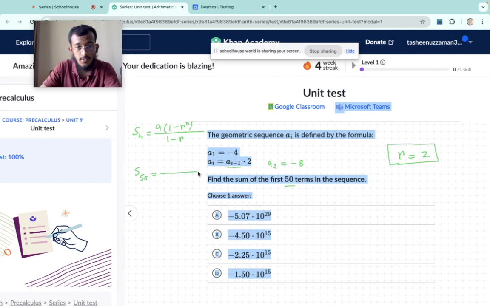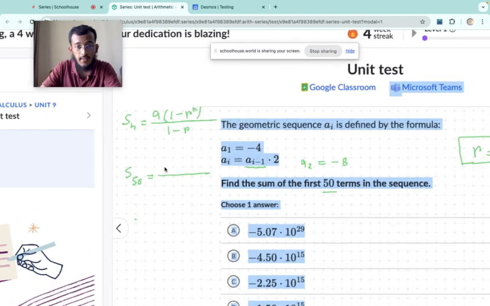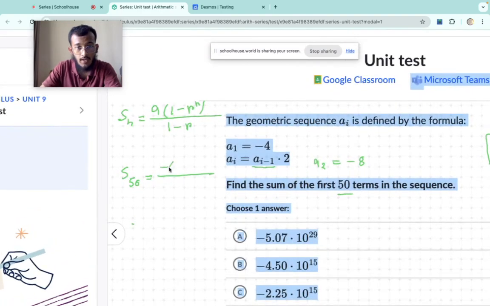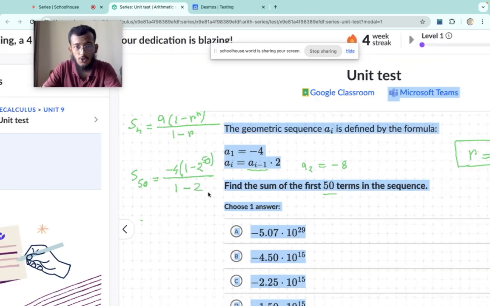So we know the first term is -4. So -4 times (1 minus r, which we have found to be 2, to the power n, which is 50), and then divided by 1 minus the common ratio, which is 2.